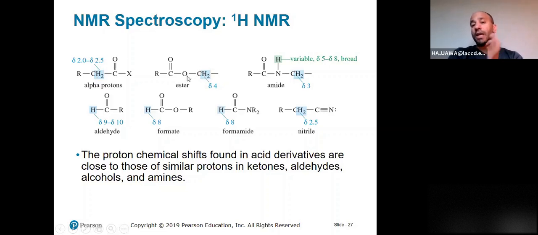If I have an alkyl attached to an oxygen of an ester, that will be around 4 ppm. If I have it next to an alcohol, it will be around 3.5, the same as if it's attached to a nitrogen, 3 to 3.5. The last one is the alkyl group attached to a cyano. It will be similar to a CH2 attached to a carbonyl, and it will be read around the same, so 2.5.